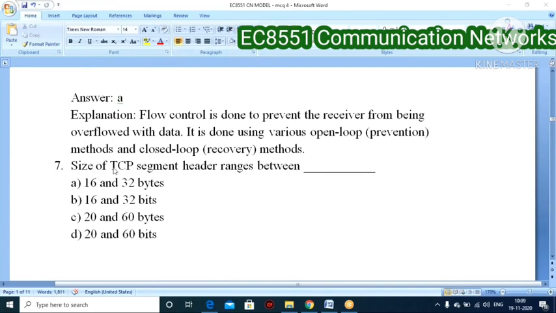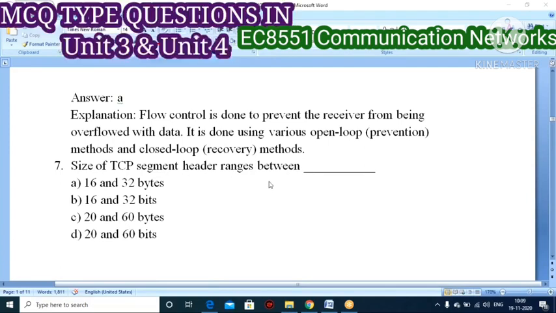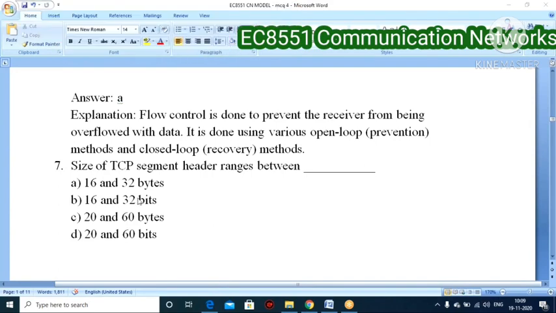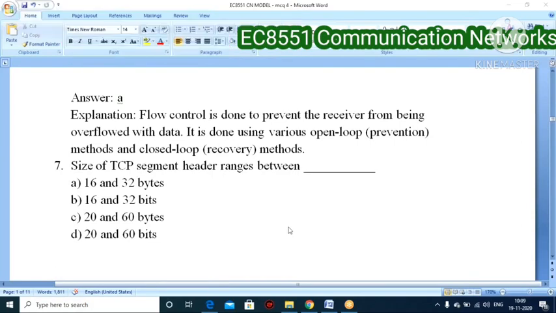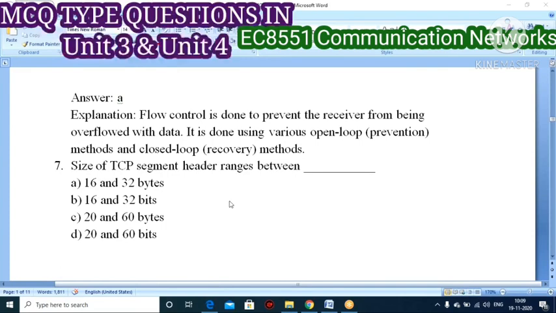See this question: size of TCP segment header ranges between dash. Option A 16 and 32. Option B 16 and 32 bit. Option C 20 and 60 bytes. Option D 20 and 60 bits. Anyone?